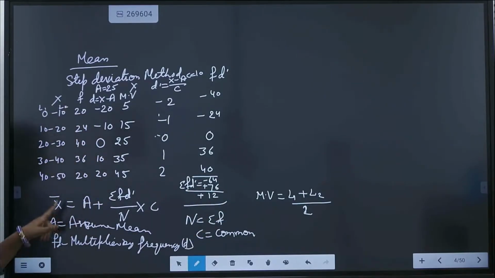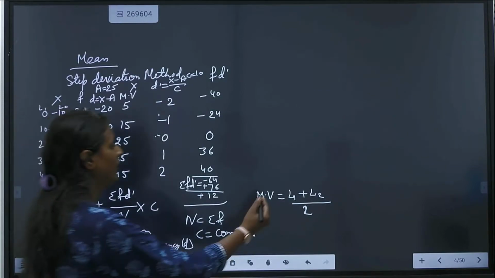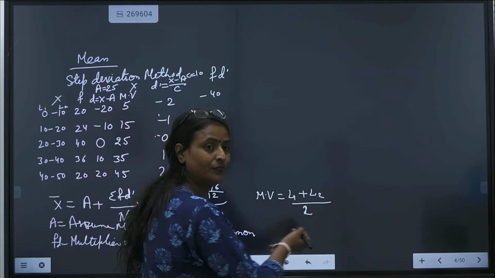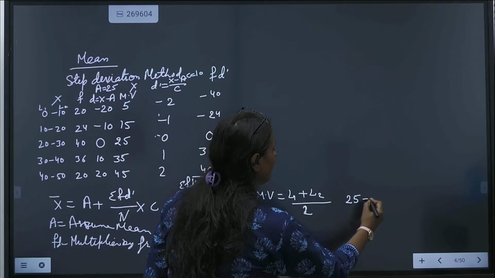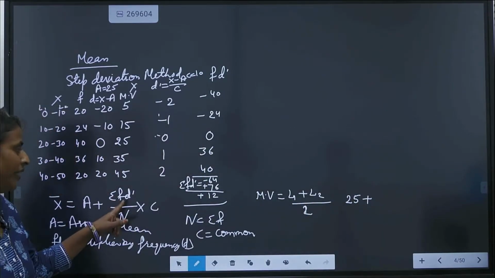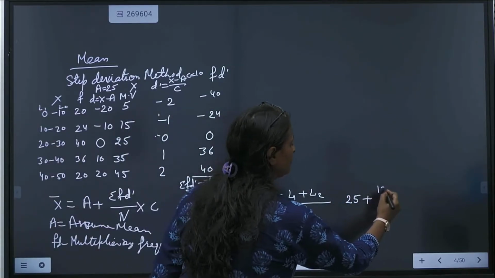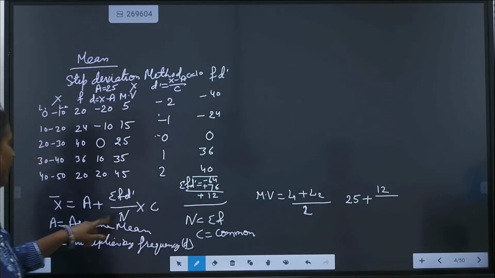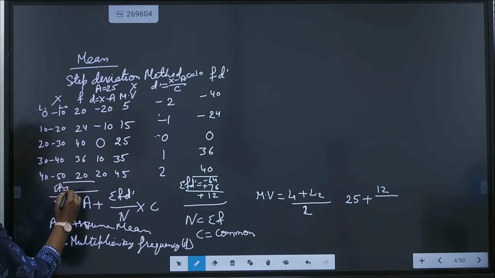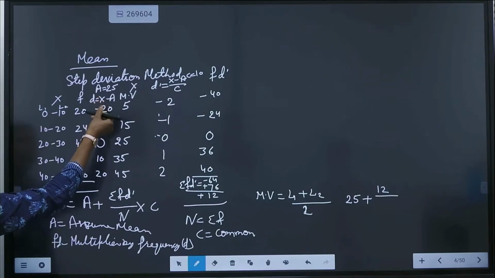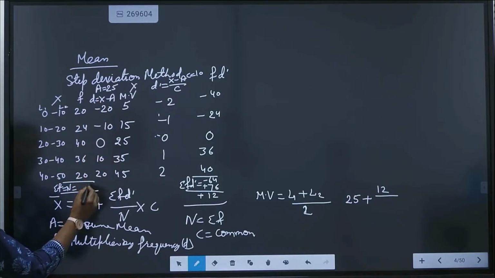So according to the formula, A कितना है आपका? What is A? It's 25 plus sigma fd dash is 12 and n. So we have to total n. Sigma f equals to n. 4, 6, 10.